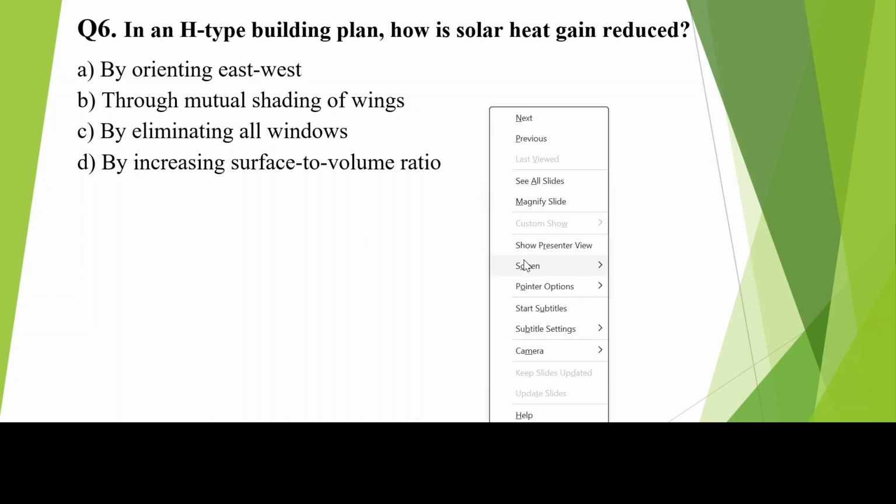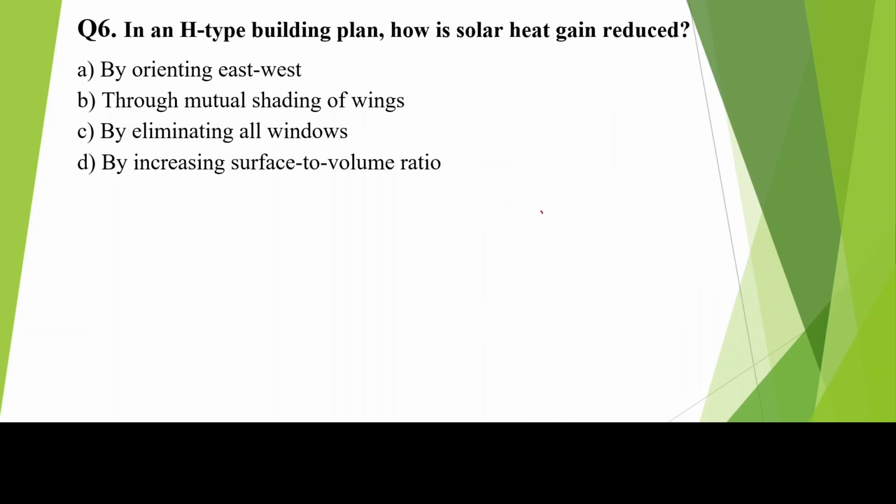As it was well discussed, whenever you have an H type of building plan, these longer wings will create a mutual shading effect on the middle portion of the building plan.